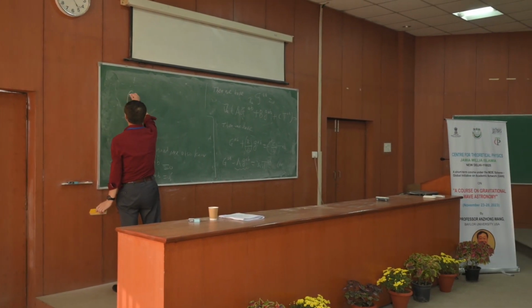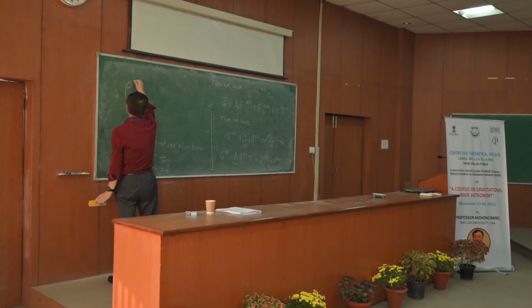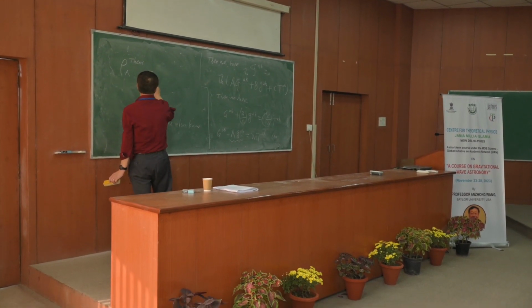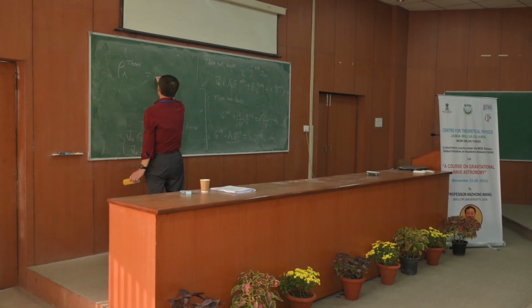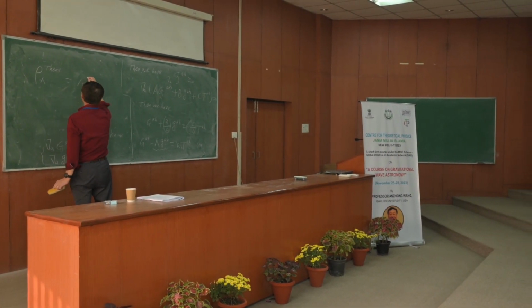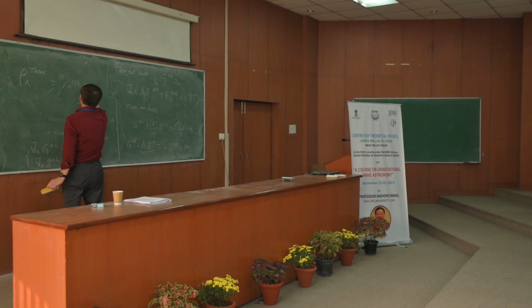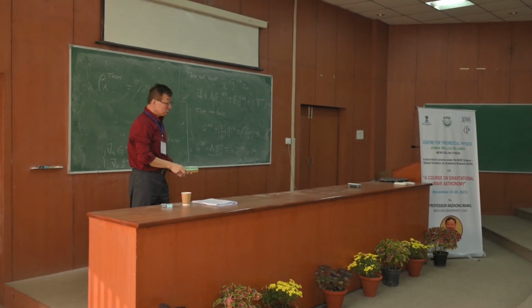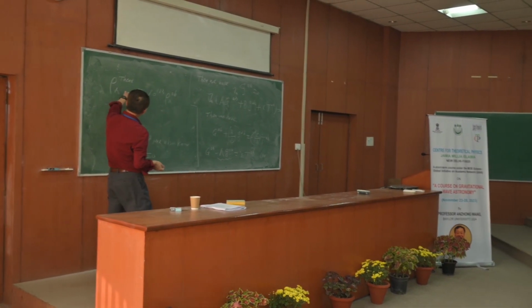So I have a theory for lambda from QFT. But now the problem is the following. This is about 120 orders of magnitude larger than what we need over there. So how can we get this one?